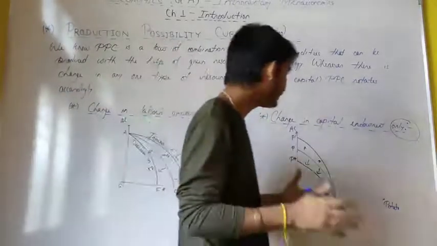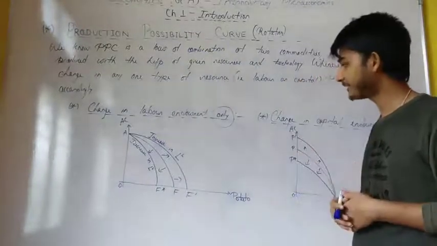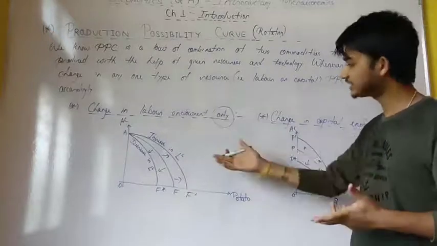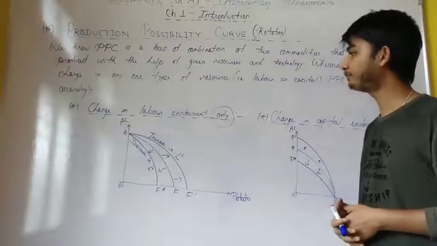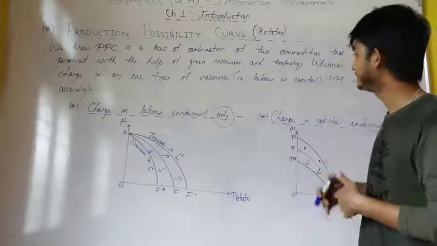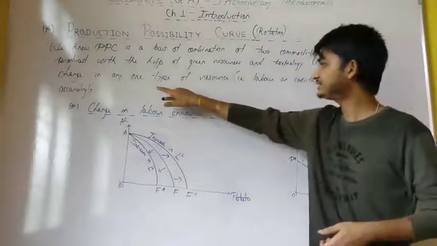It is not a very complex concept, but I would say it is a very interesting concept, and this is a more general case of shift of PPC, which is basically known as rotation, and this rotation occurs whenever there is a change in any one type of resource.